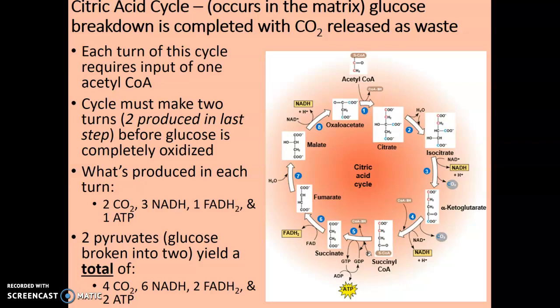So 2 pyruvates yield a total of 4 carbon dioxides, 6 NADHs, 2 FADH2s, and 2 ATPs, because remember, it has to make 2 turns of the cycle. One acetyl coenzyme A goes in, and then a second one goes in. Those acetyl coenzyme A molecules originally came from the 2 pyruvates, which originally came from the 1 glucose molecule.